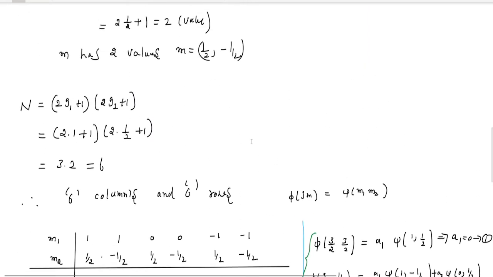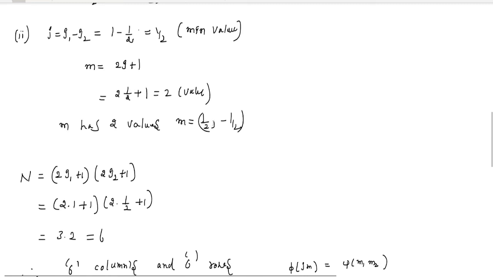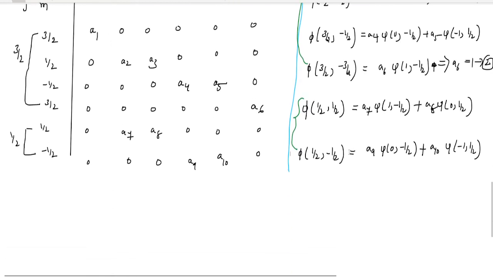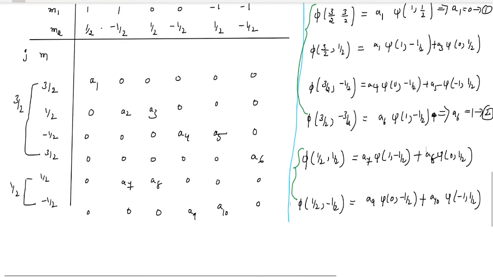The minimum values are 2 is there, 1 divided by 2, minus 1 divided by 2. The only possible thing we can write here is 1 divided by 2, 1 divided by 2, and 1 divided by 2, minus 1 divided by 2. These are the linear combination of the equation.